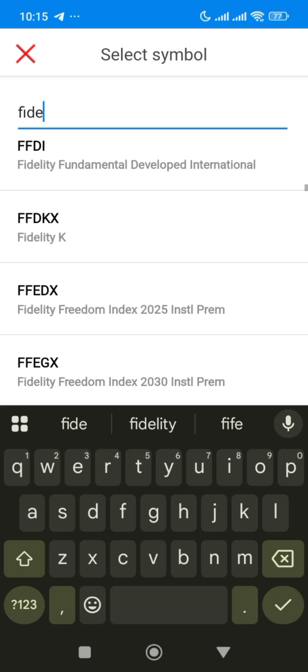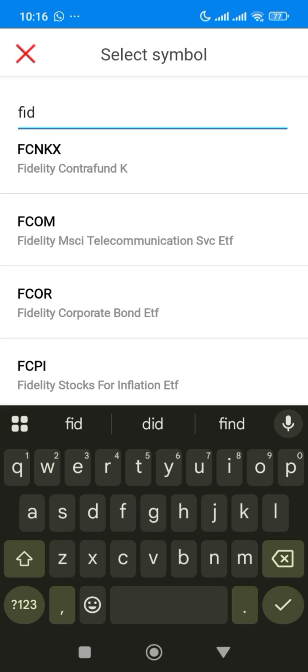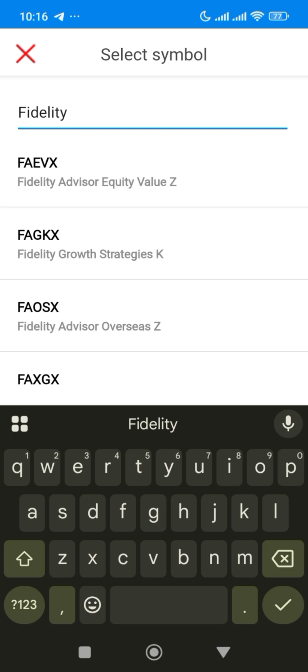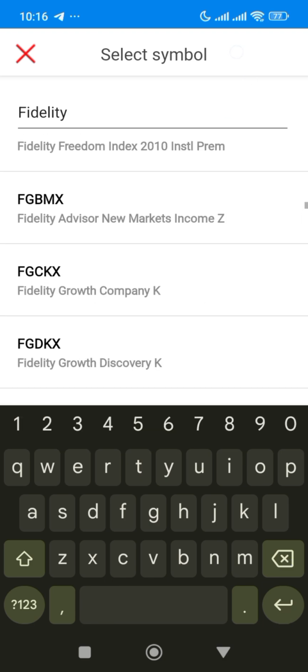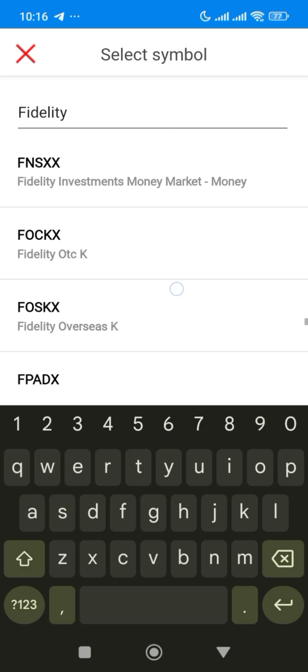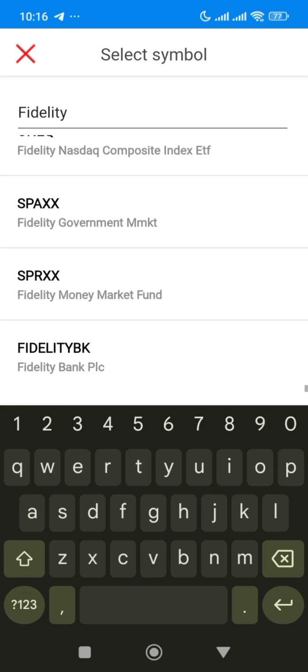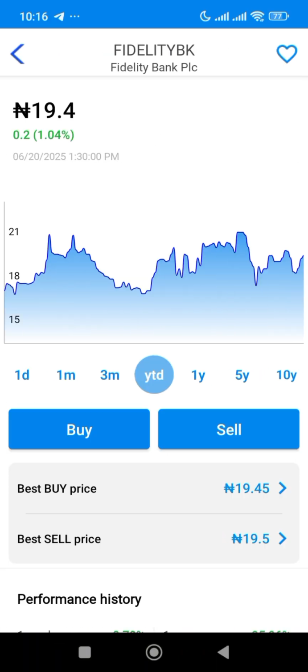It's supposed to come up when it's searched. I don't know why it's not coming up, but you can just take your time and scroll. I think it's down. Look at it over here, it's down. You just click on it. As you can see, this is the shares, 19.4 for Fidelity. So let's go back.